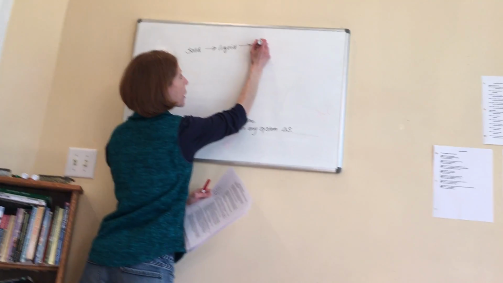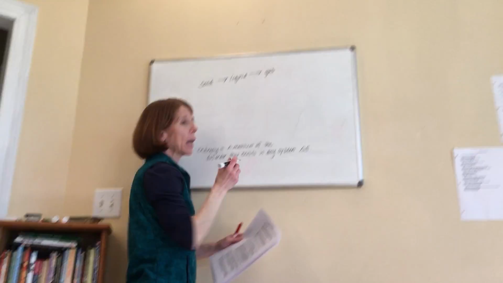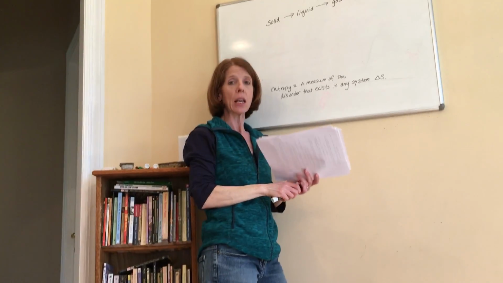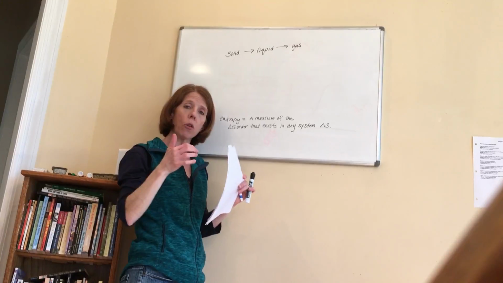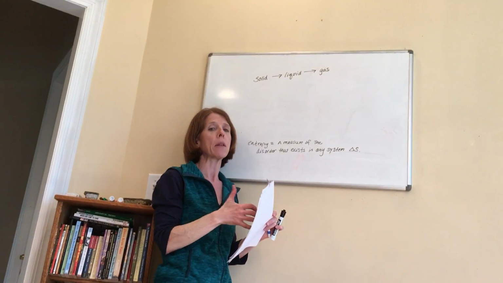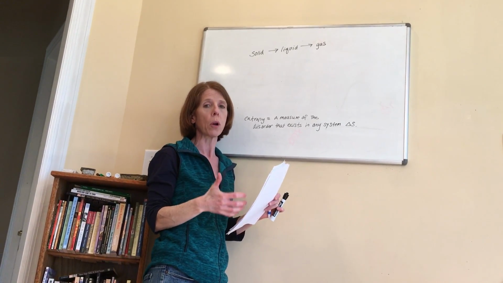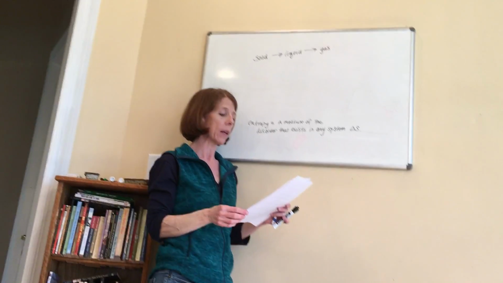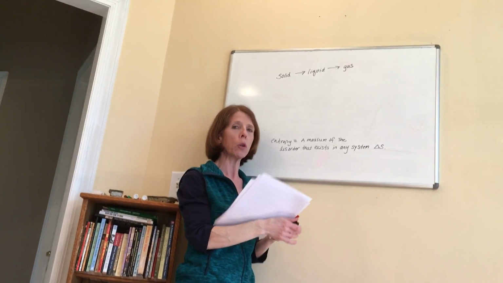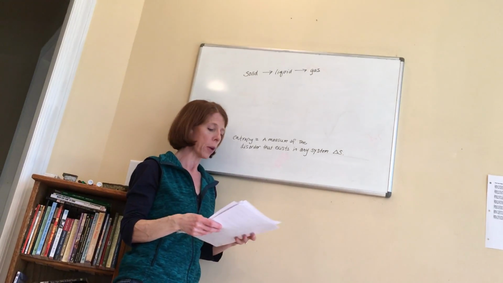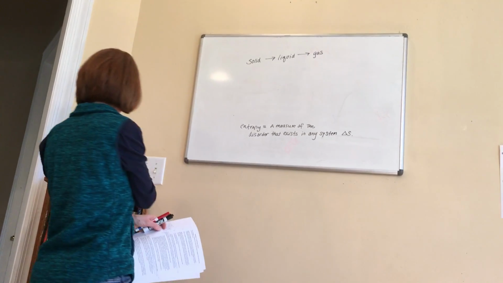And then we can go to the gas phase. We know that in the gaseous phase, molecules are actually pinging off the container and off of each other potentially. So that would tell us that there is the greatest amount of disorder associated with molecules in the gaseous phase. Okay, this is a logical result when you look at what's going on at the molecules themselves in those phases.